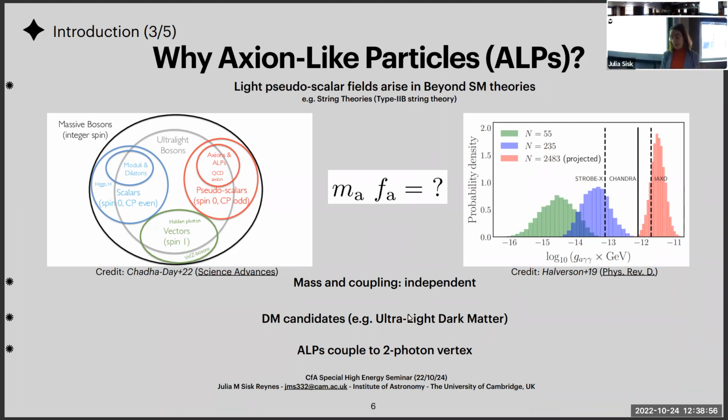So for example, they mix with electromagnetism using the same Feynman diagrams that we saw in the previous slide. However, their masses and couplings are no longer tied together by the theory. So the question is whether we can set bounds on f_A as a function of their mass. And in certain regimes, these are very strong.